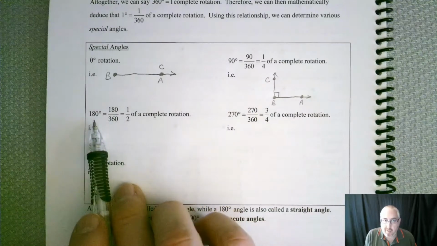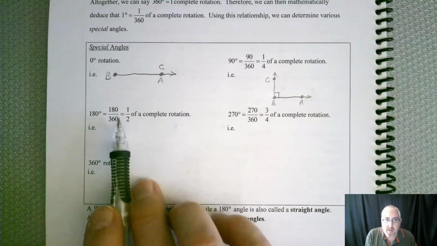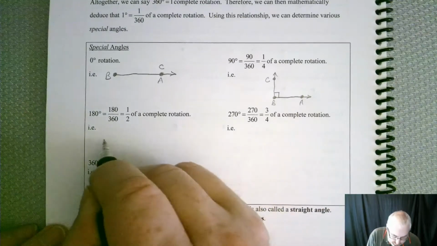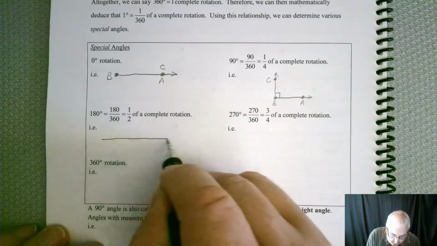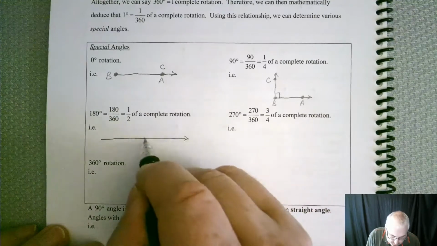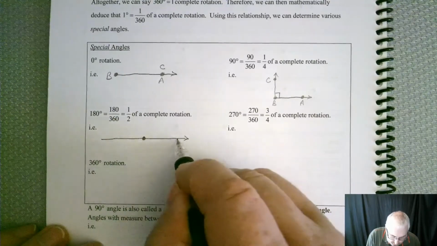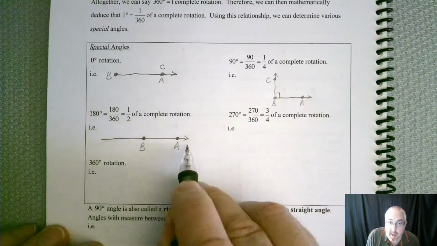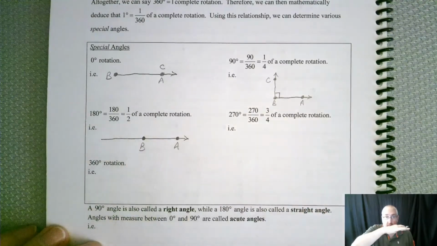The next one is 180 degrees. You can see that's going to be half of a complete rotation. So what's that look like? Well, again, pretty unoriginal. If we have our ray BA again, still starting off, we're not moving that one, we're just moving BC around.